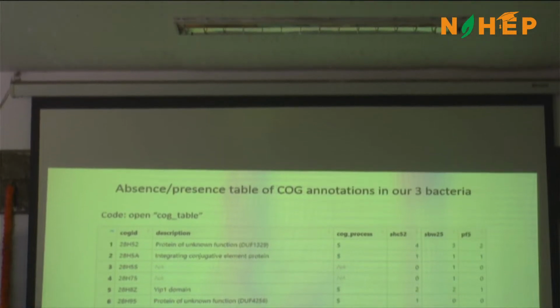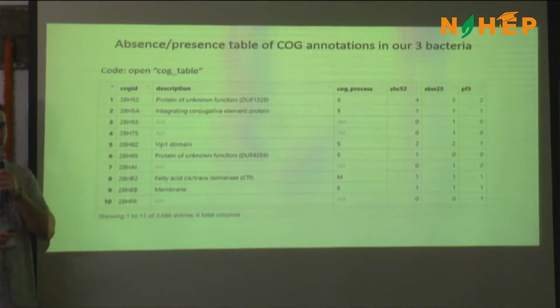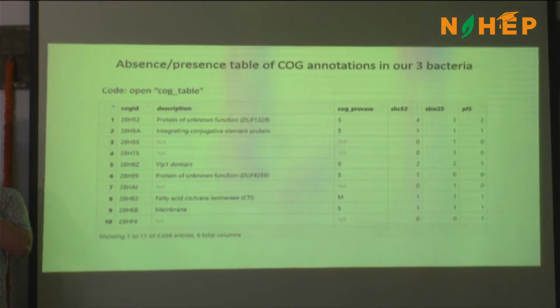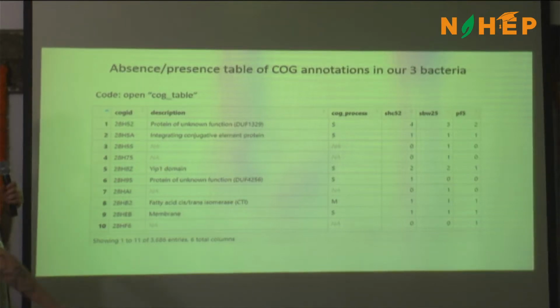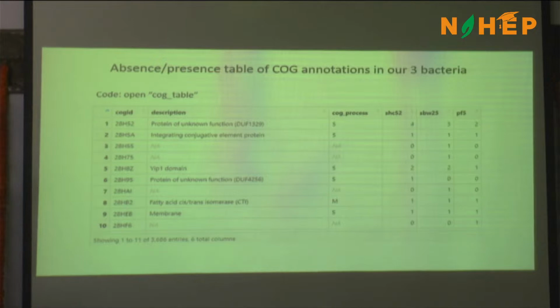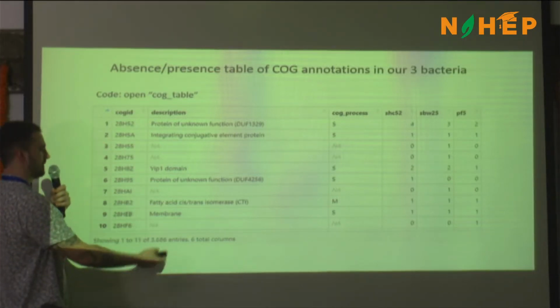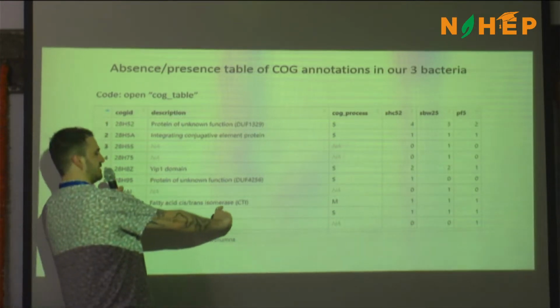I think this is easy, and all of you will be done in a moment. But basically, first, please look at me, and then I will explain the table, and then you look at the table in the computer, okay? So we have COG IDs. These are IDs of really specific functions. Then we have some descriptions. For example, here, this 28HB2 is fatty acid isomerase.